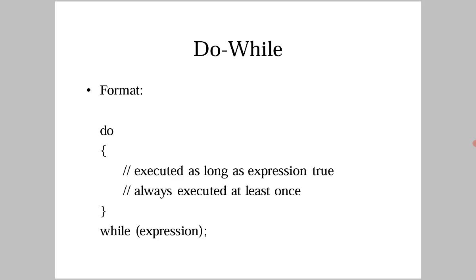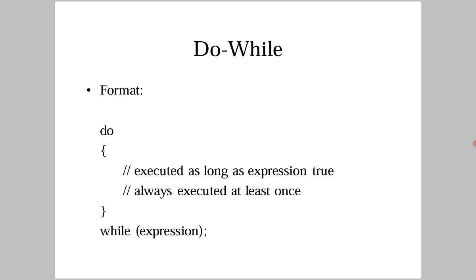So what is the do while loop? In the do while loop, first the statements are executed, and later the expression is tested. In the while loop, first the given condition is tested, and if the condition is true, the loop will be executed, otherwise it will come out of the loop.